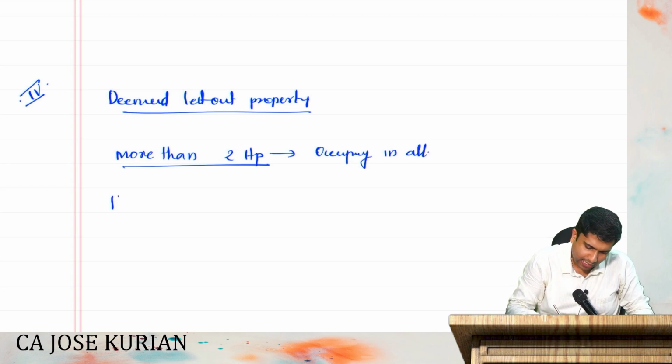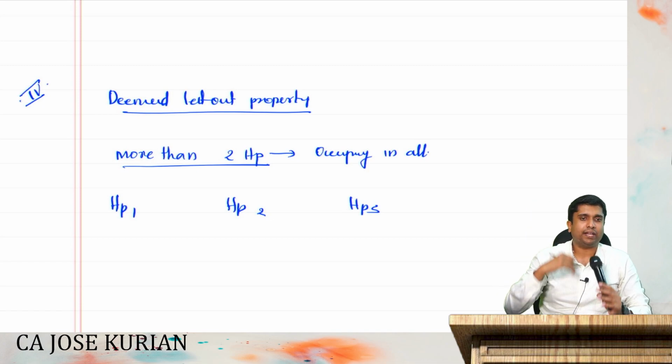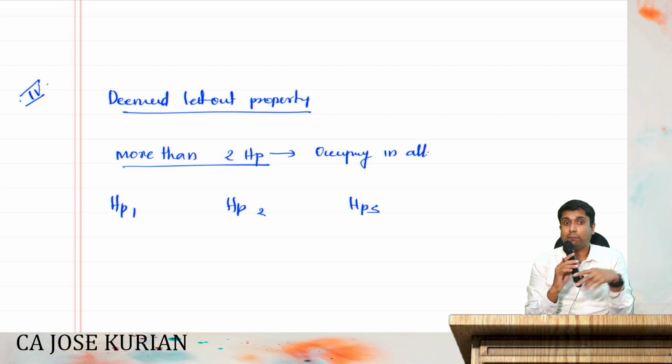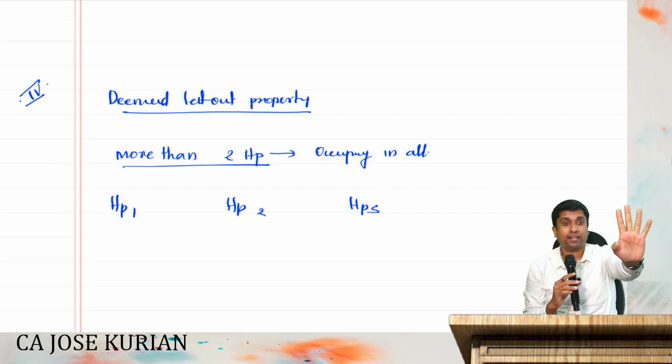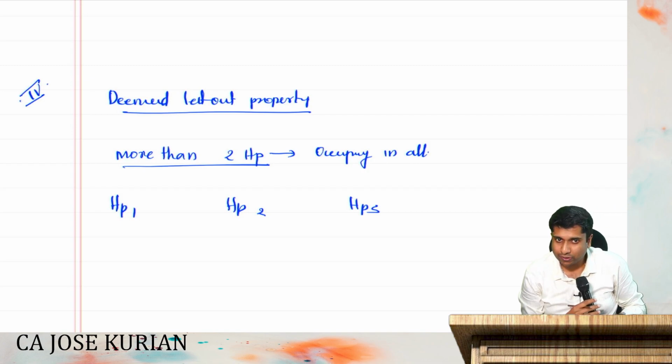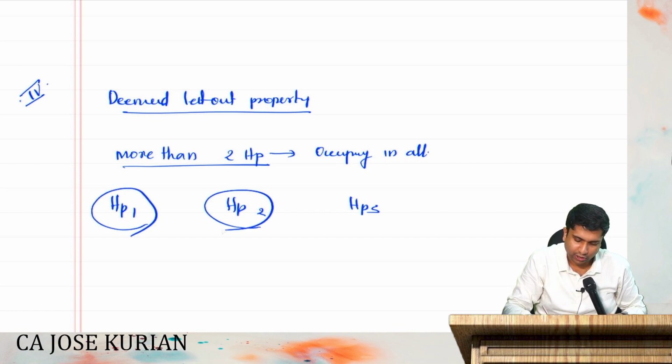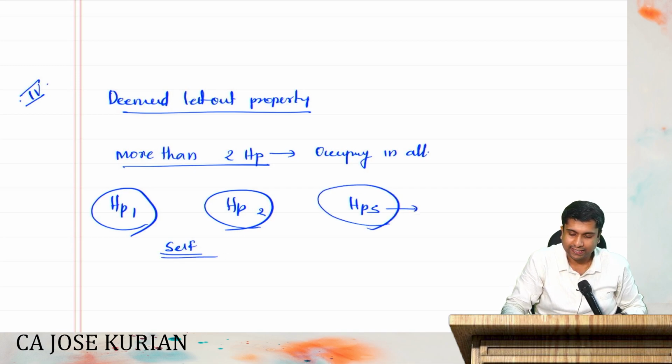Say for example, I have house property 1, house property 2, house property 3. I haven't let out any property. I am occupying all these properties. Then what to do? As I've told you earlier, a person can show only two properties as self-occupied property. Are you with me? So any two out of these three, I can show as self-occupied. And the remaining will be treated as a deemed let out property.